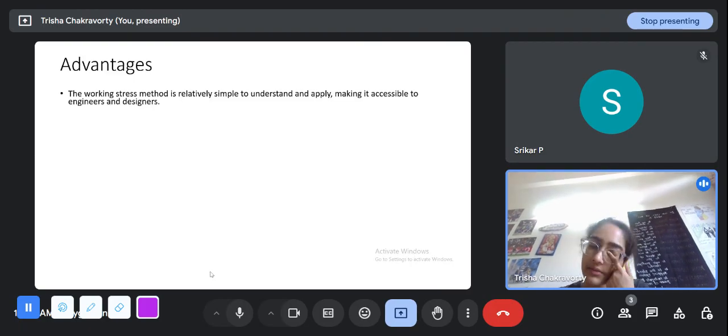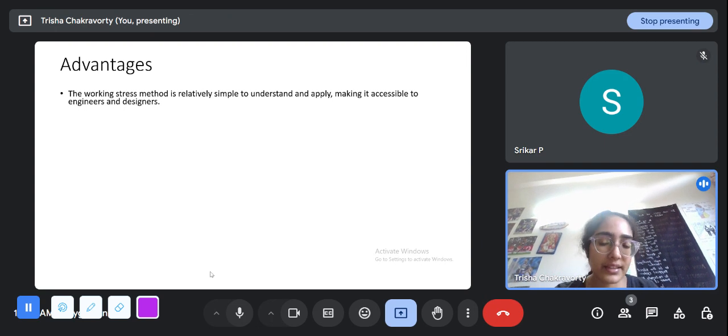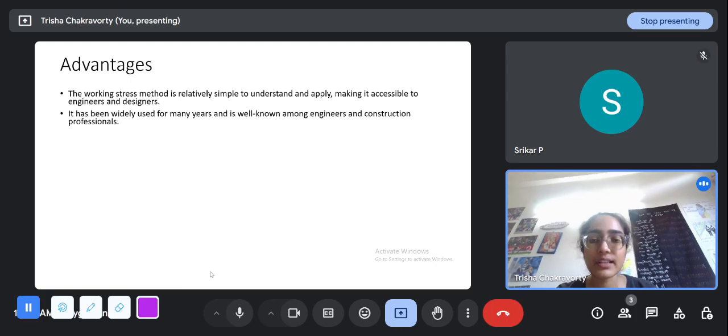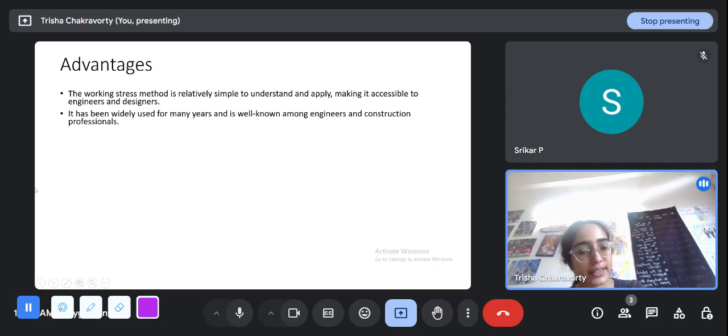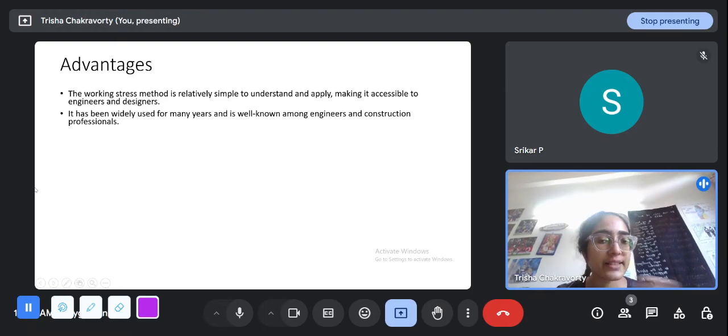There are advantages: the working stress method is relatively simple to understand and apply. So it is easily accessible by engineers and designers. And in the last century, it is the method that used to be used mostly. It has been widely used for many years and is well known among engineers and construction professionals. This is also important because construction professionals often don't know the codes properly. Ideally maybe they should exactly follow the design that has been given to them, but they don't always do that.